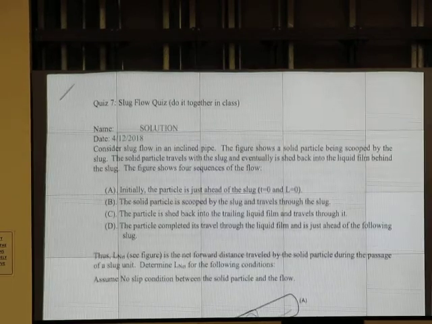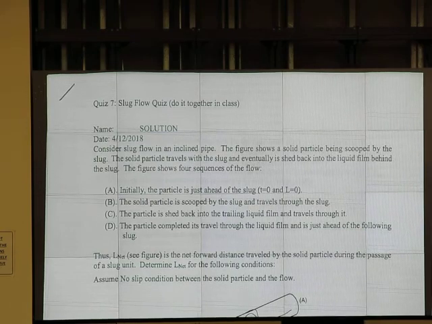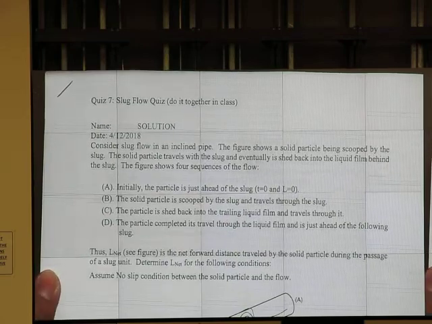So, okay. This is about modified flow that we didn't cover, and we shall go through it together.